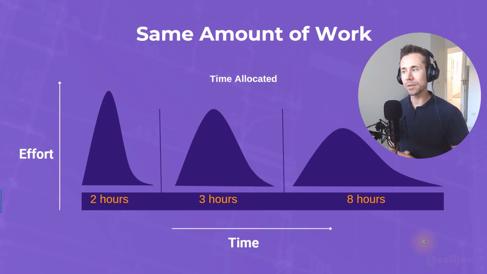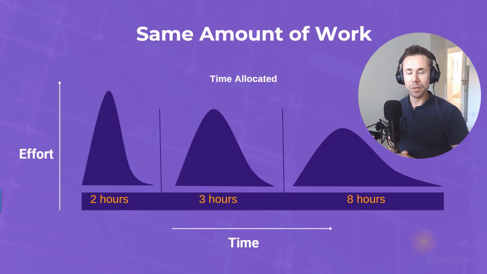As you can see, if you give 2 hours to a task, the effort is greatly increased and you're working at maximum capacity for those 2 hours. If you give yourself 3 hours, there's a bit more of an ease. There's not such a high peak in the effort, and things are a bit stretched out.